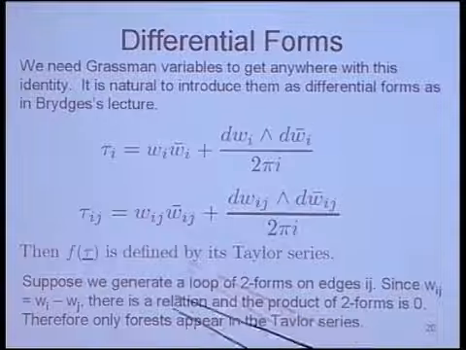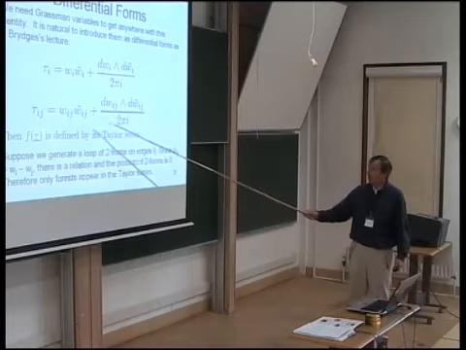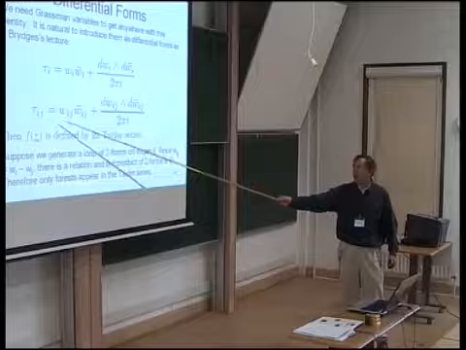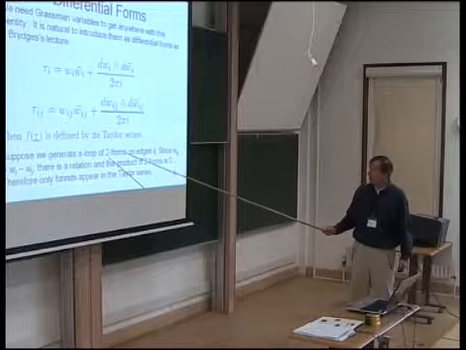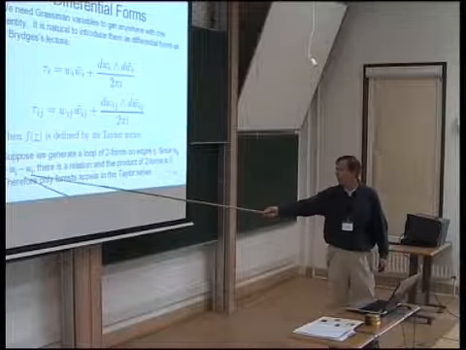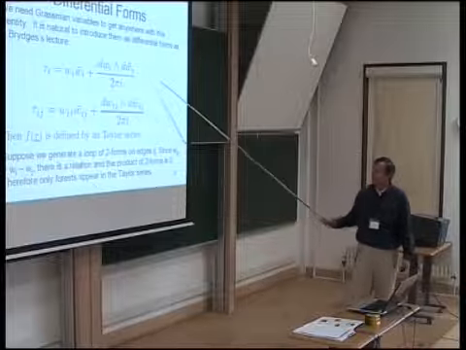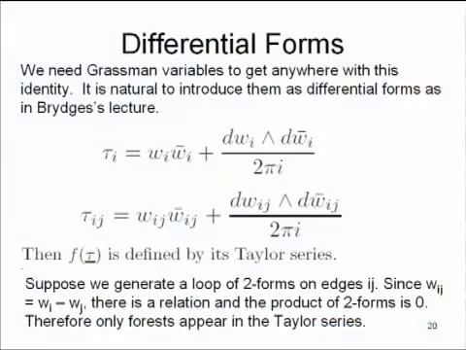Now, one key aspect of this formalism is that if you have a loop in the graph space, the ij space, all these two forms, wij, since they're really the difference wi minus wj, if you have a loop, there's going to be a relation amongst all the difference variables in that loop, which means that the product of two forms will give you 0.